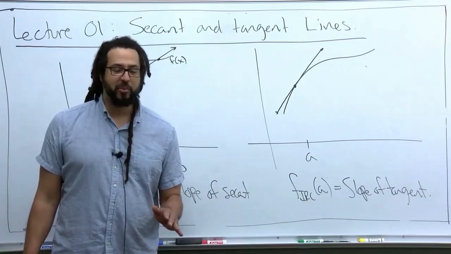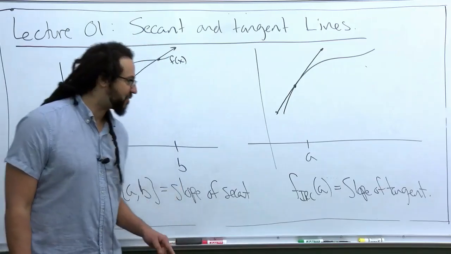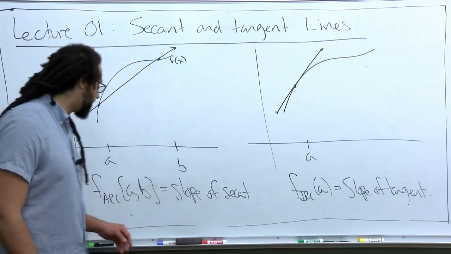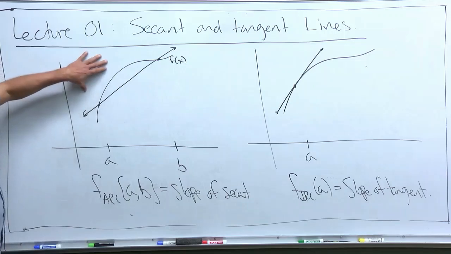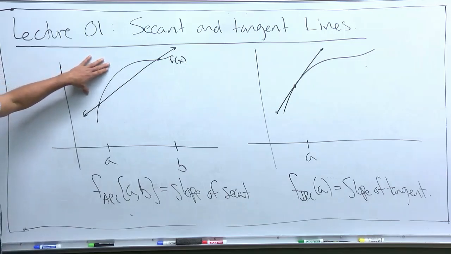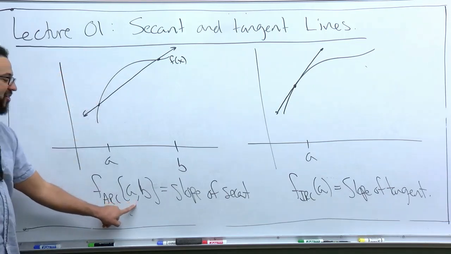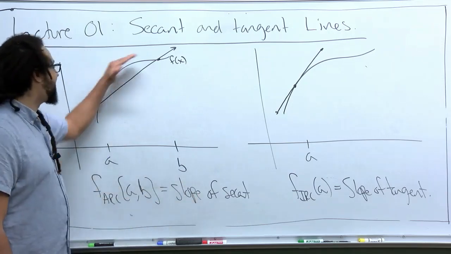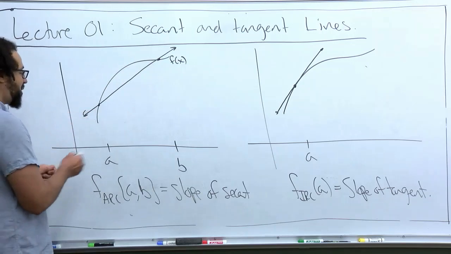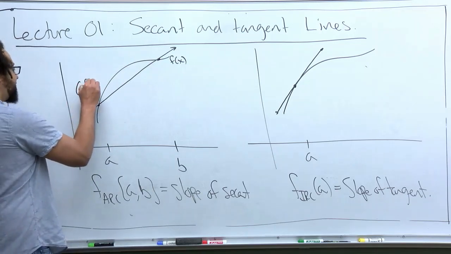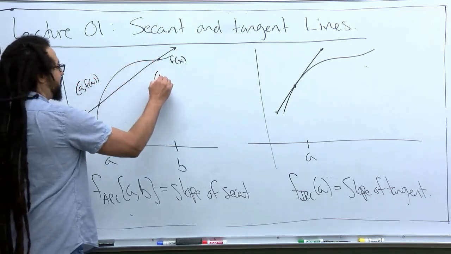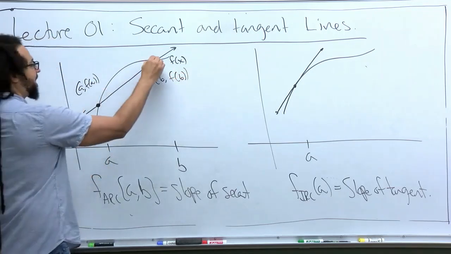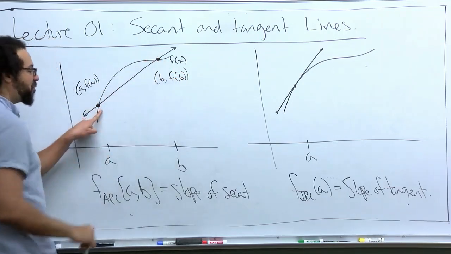Just a couple of quick pictures so we can illustrate the difference between average rate of change and instantaneous rate of change. So here is a picture showing the average rate of change. The average rate of change on the interval from a to b is just the slope of the secant line connecting these 2 points, (a, f(a)) and (b, f(b)).